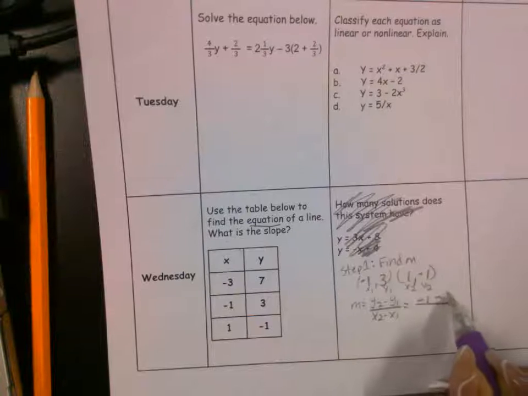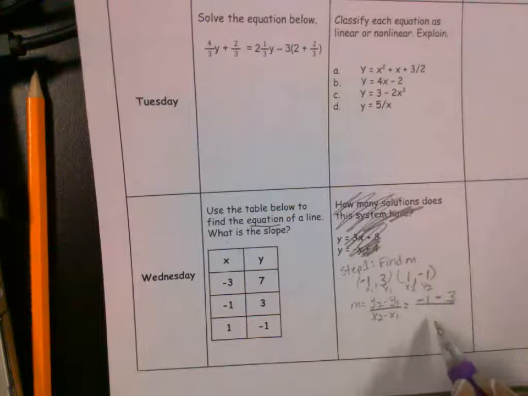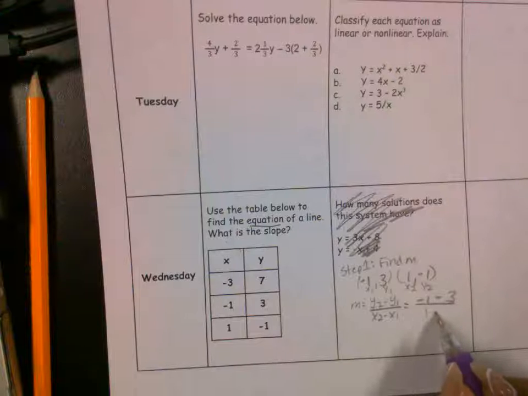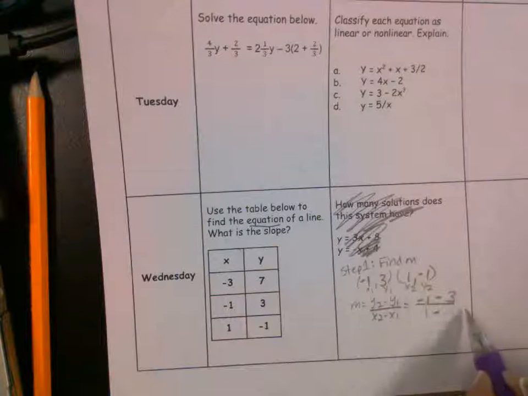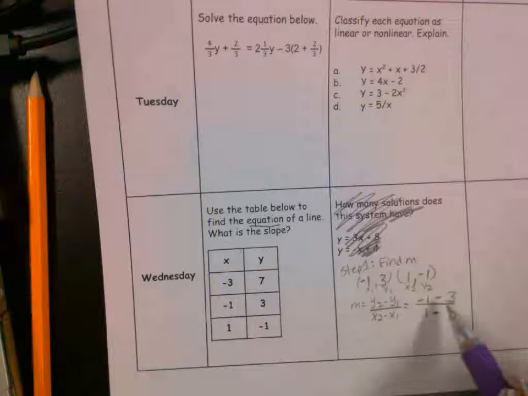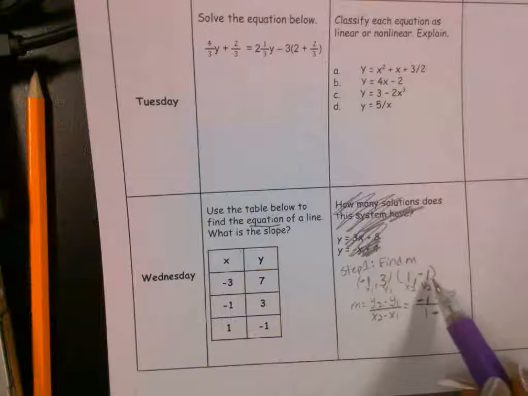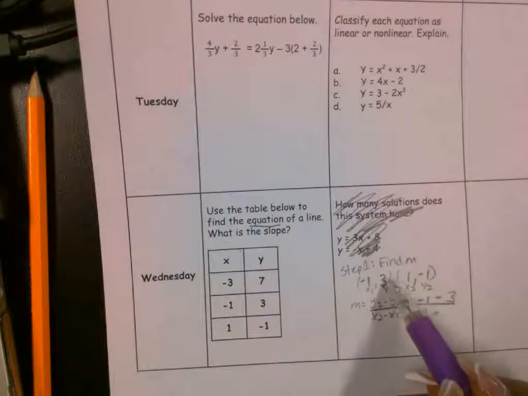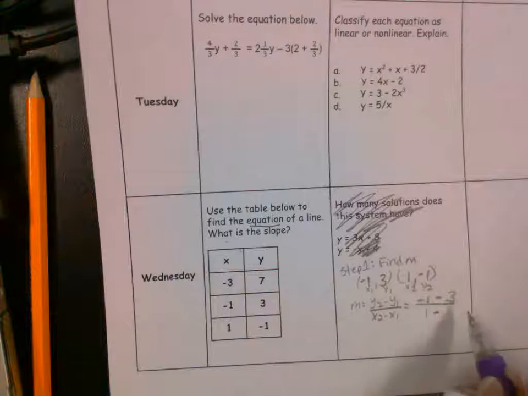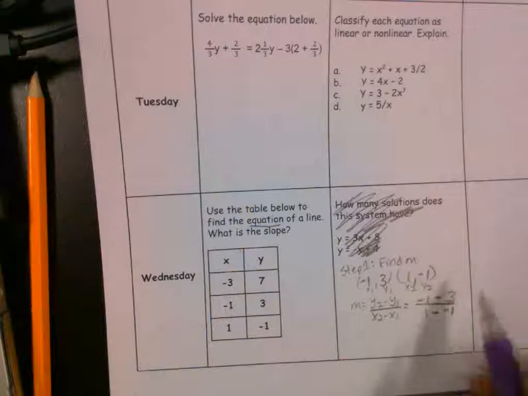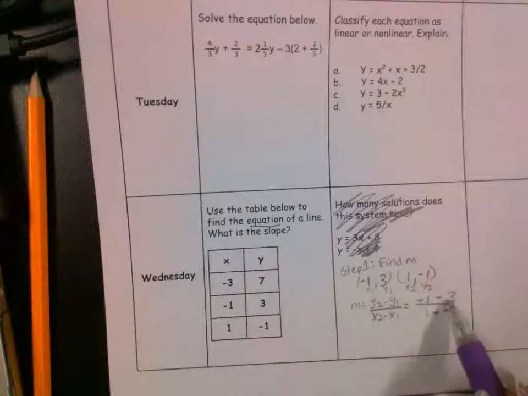-1 minus 3. And what are we going to put on the bottom? 1 minus. Okay, so on the top, you got -1 minus 3, and on the bottom, you got 1 minus -1. Good job. All right, so here, what does that give you?